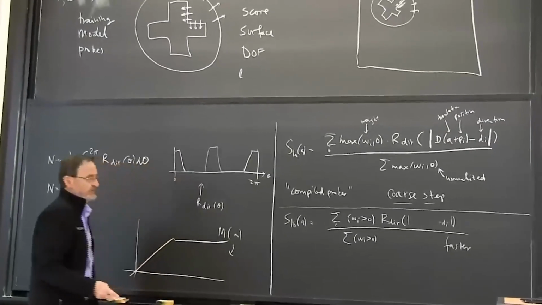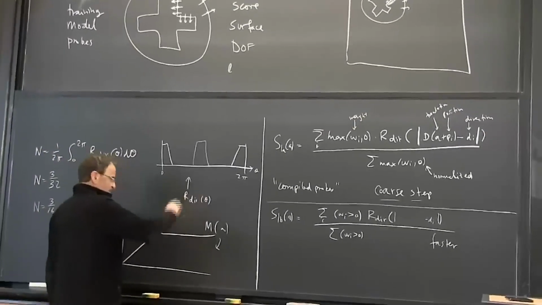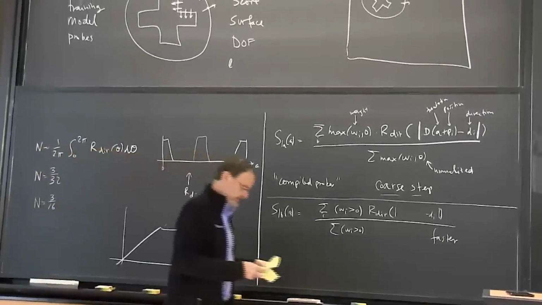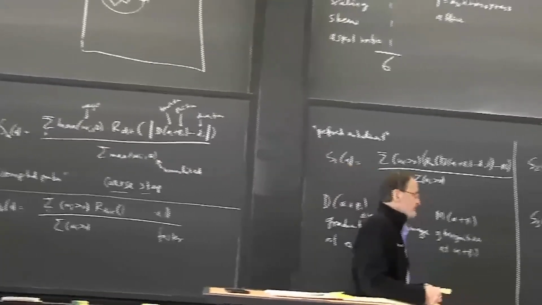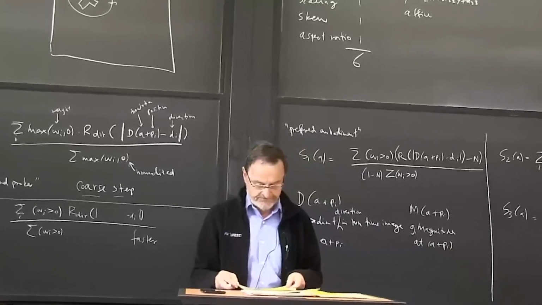So in S2 of A, we would just keep on going up, multiplying by the magnitude. In that one, we limit the contribution, so you don't have one single very good edge dominating everything else.